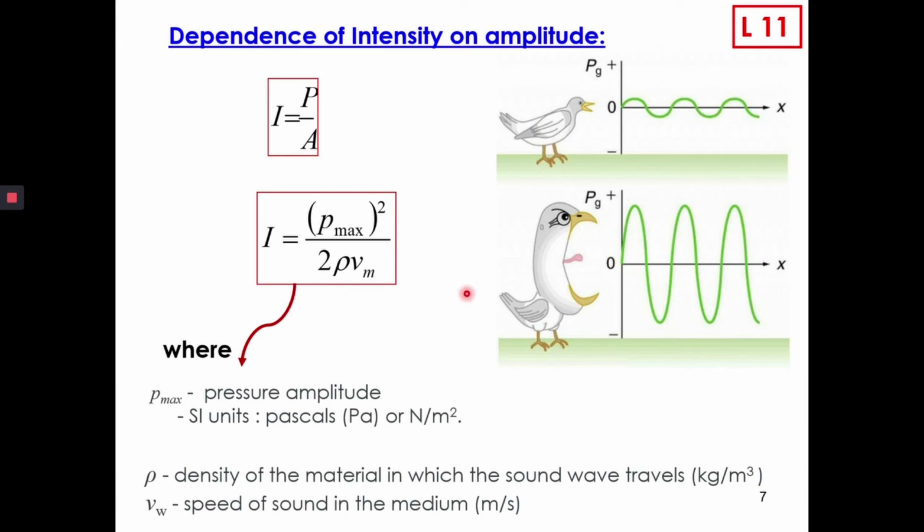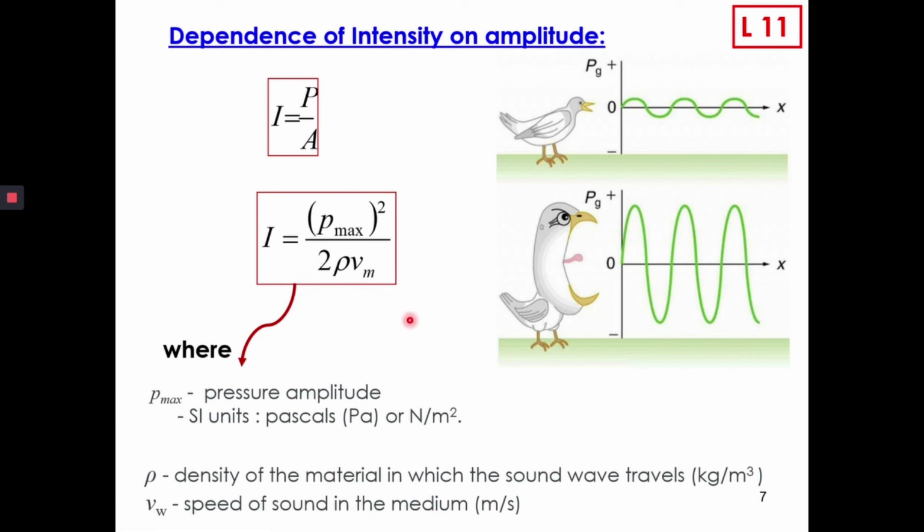The formula to relate intensity and amplitude is I equals the maximum pressure amplitude squared divided by 2 rho v_m. Rho is the density of the material and v_m is the speed of sound in the medium.